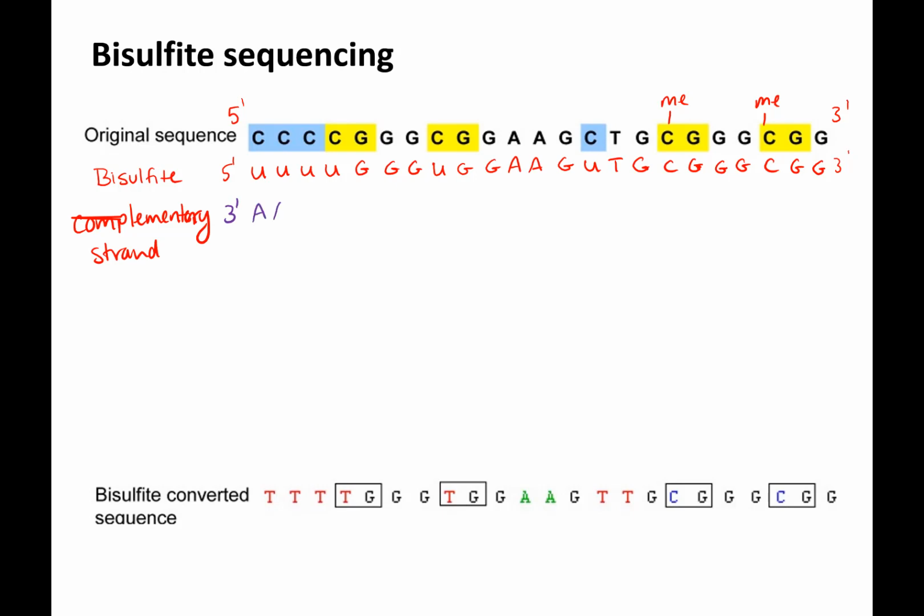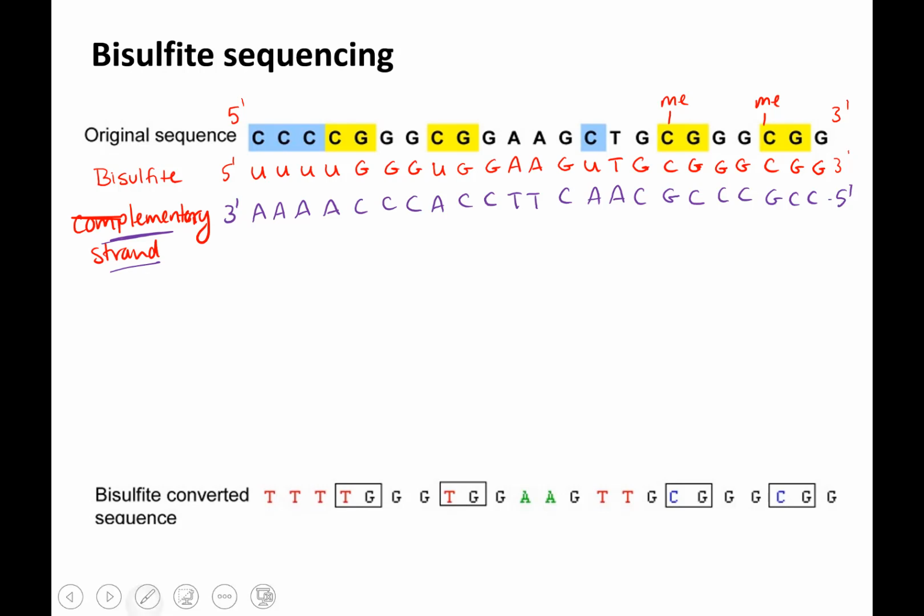U's will base pair with A's, G's base pair with C's, and A base pairs with T. C, G, C, G, C, C. I want you to notice this is the complementary strand. It's anti-parallel. And we're always going to compare the same strands.